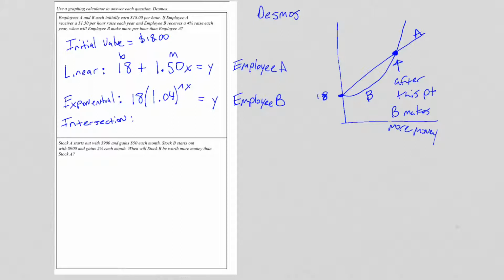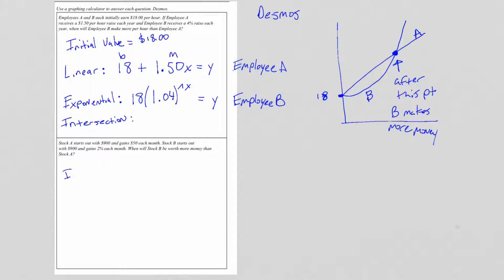So when we get started on our homework packet, we'll get the Chromebooks out, and I'll walk you through a couple as well. So then, like this next example, if we have a stock that starts out at $900 and gains $50 a month, and another stock starts out at $900 and gains 2% each month, when will stock B be worth more money?